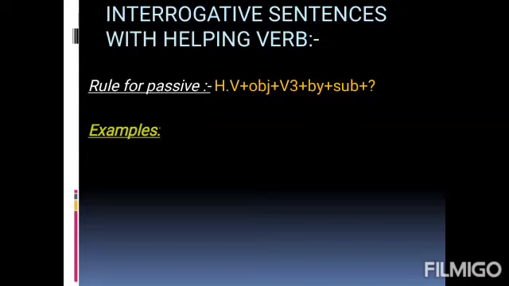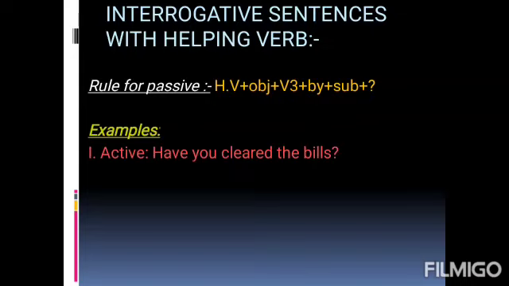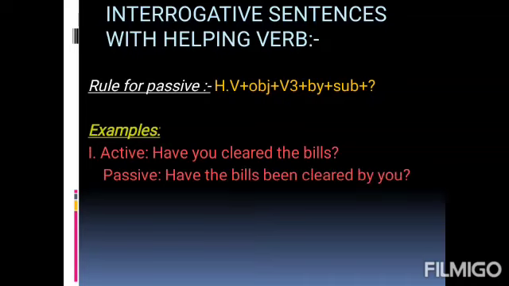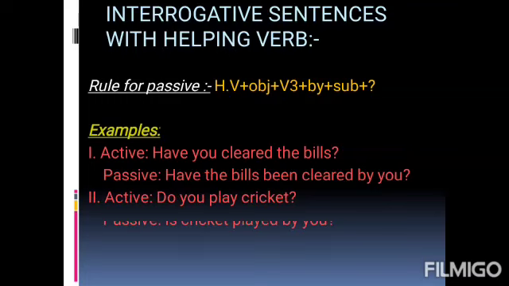Let's see the examples. First example: have you cleared the bills? So passive will be: have, that is the helping verb, the bills, that was the object, been cleared, third form of verb, by you? Second example: do you play cricket? Passive will be: is cricket played by you?